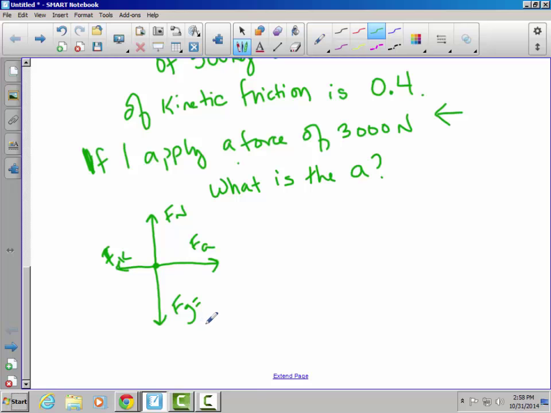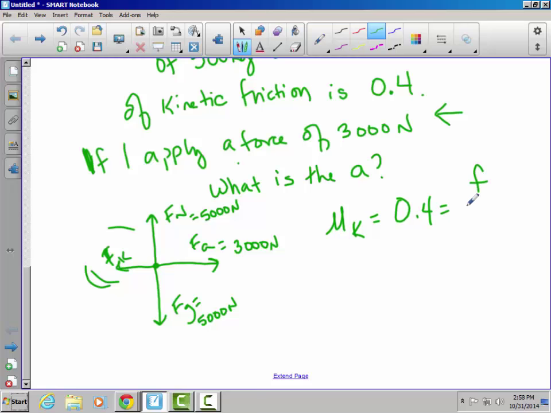You know that the weight of the piano is 5,000 newtons because the mass was 500 kilograms. And the normal force is 5,000. Your applied force is 3,000. So I need to figure out what my friction is. They told us in the problem that my coefficient of kinetic friction was 0.4.